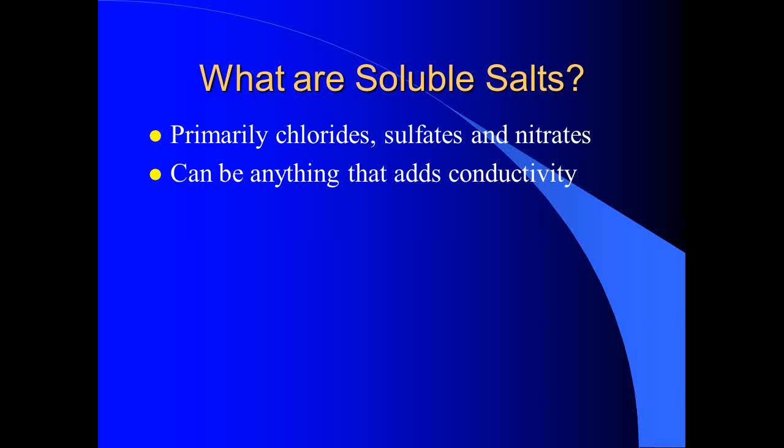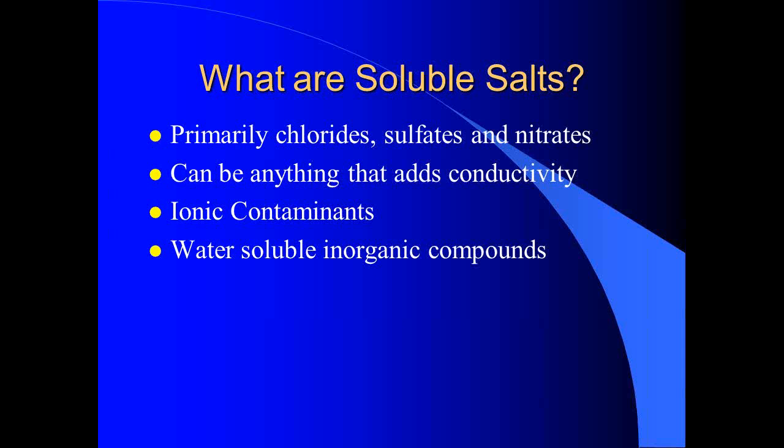It can be minerals, it can be metals, it can literally be bacteria. It can be dead bacteria. If it adds conductivity to water, it's a salt. They aren't necessarily all detrimental. They are termed ionic contaminants.